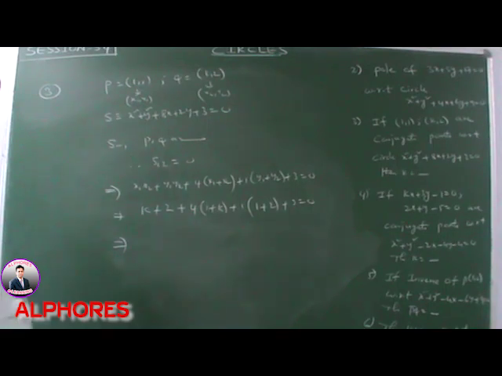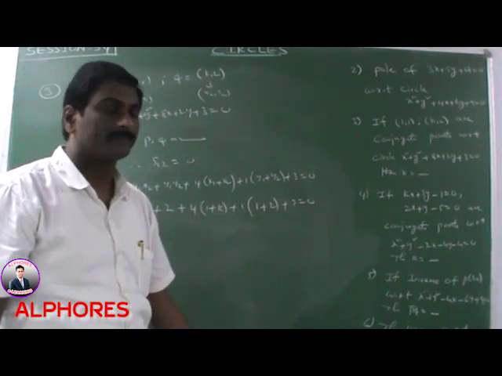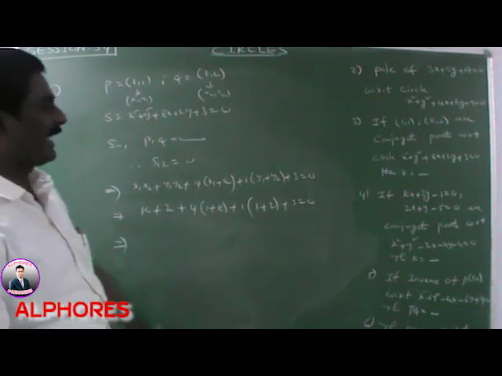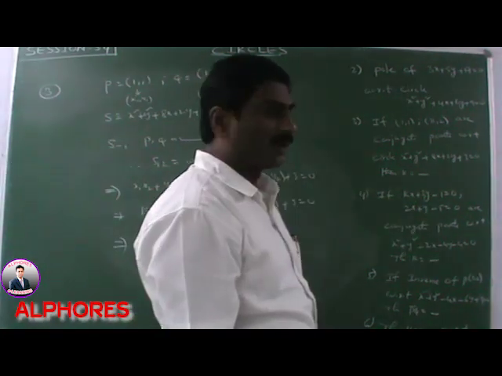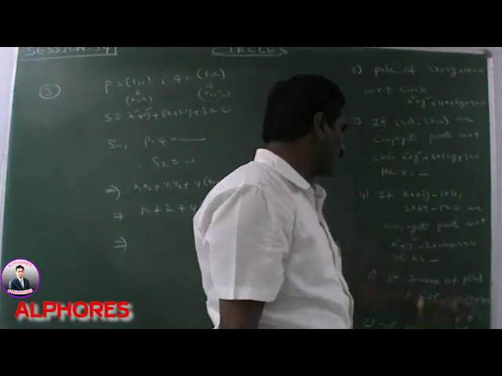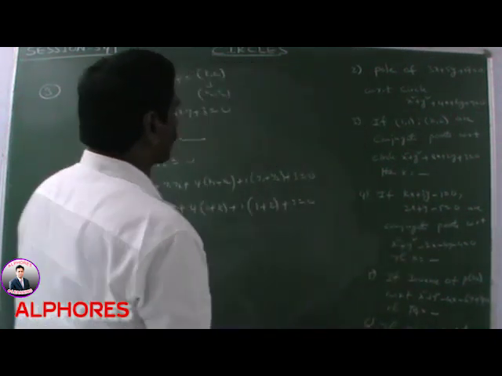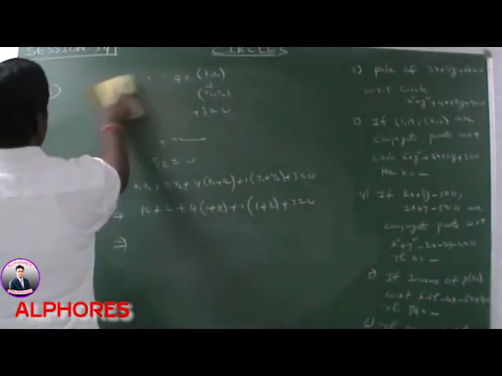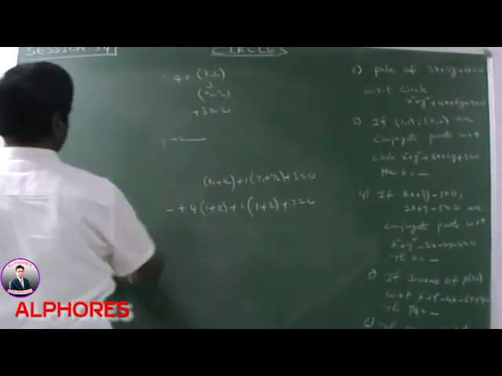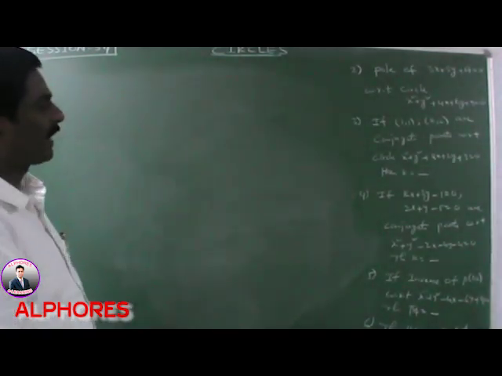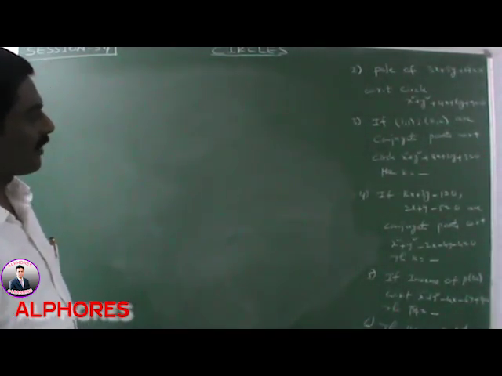Next, fourth one. If kx plus 3y minus 1 is equal to 0, 2x plus y minus 5 is equal to 0 are conjugate lines with respect to the circle x square plus y square minus 2x minus 4y minus 4 is equal to 0, then k is equal to dash.